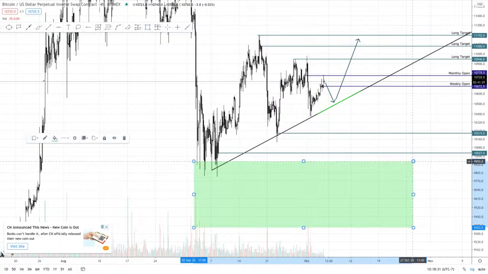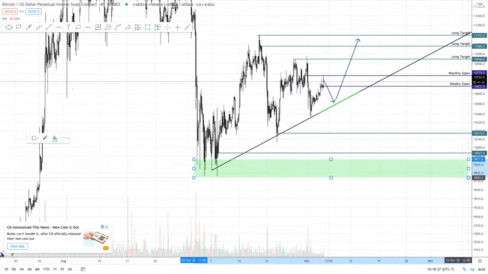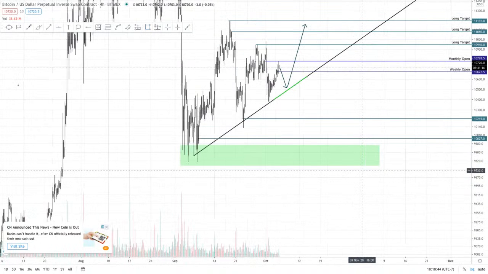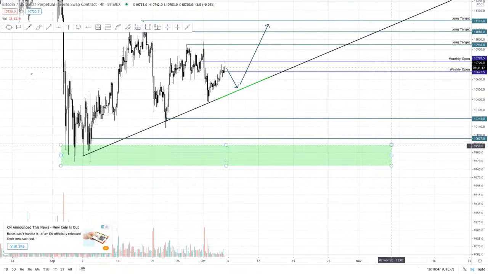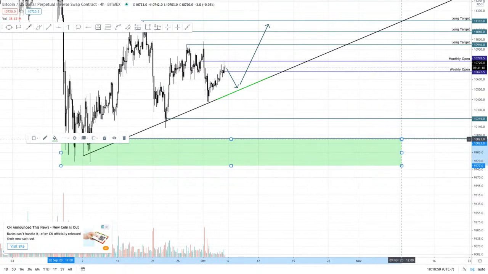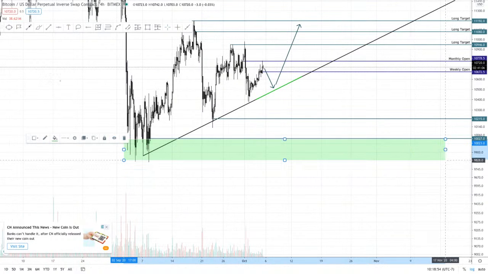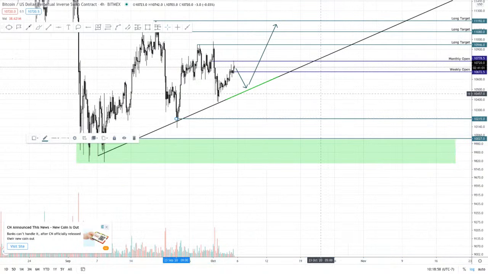These wicks. I believe that if we break this trend line, we should hit these targets, these short targets, and fall into the box, the green box.